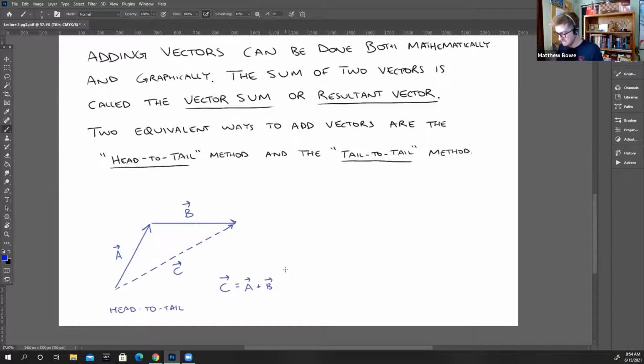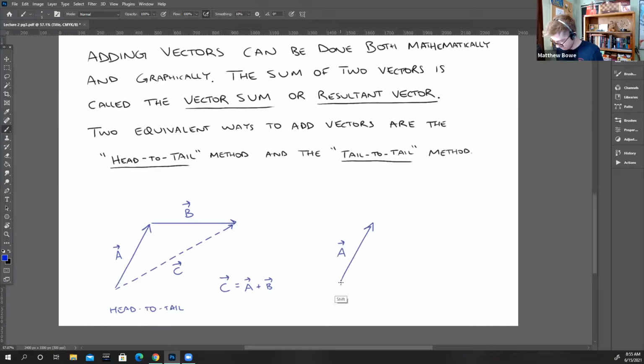The next method was the tail-to-tail or parallelogram method. Let's try to draw these angles again. So there's vector A again. I'm trying to make this the same as the first example.